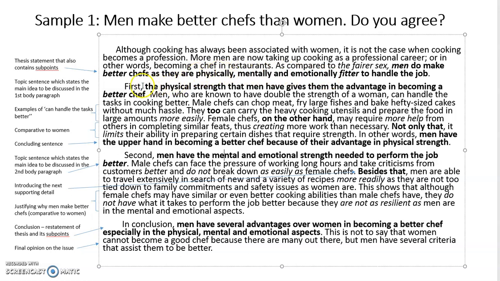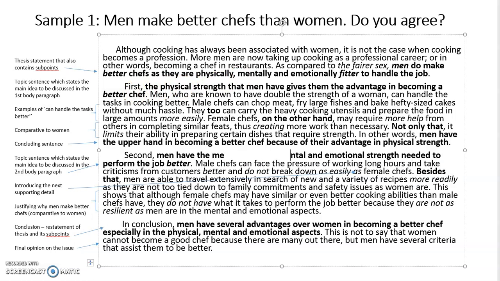So the first sentence of this first body paragraph talks about how men have an advantage in terms of the physical strength. So this is a good topic sentence because it follows the same sequence as how it is placed in the thesis statement. So it is just in one sentence, as simple as that.